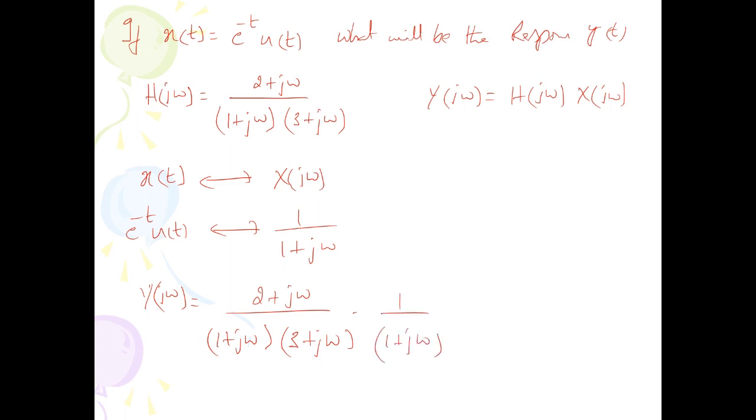If we simplify this, it becomes (2 plus j omega) by ((1 plus j omega)^2 (3 plus j omega)). To get the response y of t, we have to calculate the inverse Fourier transform of this equation, using the partial fraction expansion.